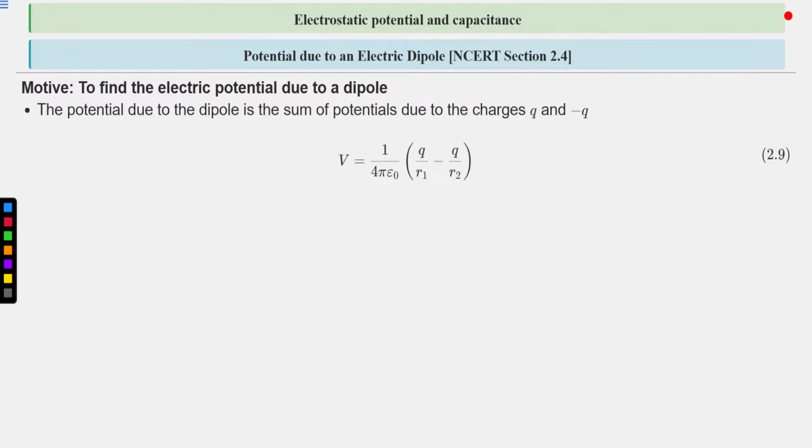So that is V equal to 1 by 4 pi epsilon naught Q by R1. And why this negative sign? Because one charge is negative. So Q by R1 minus Q by R2.